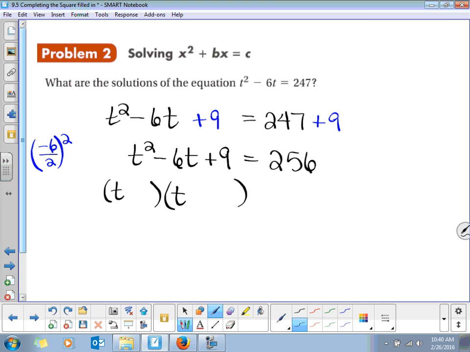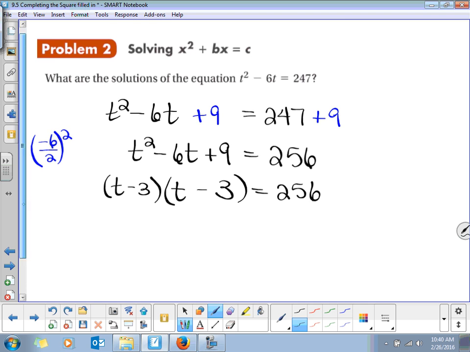Now, when we add the 3 and the 3, we want to get a negative 6, so both of them have to be negative. Very good. Does everybody see how we just did our x method in our head? So that is equal to 256.